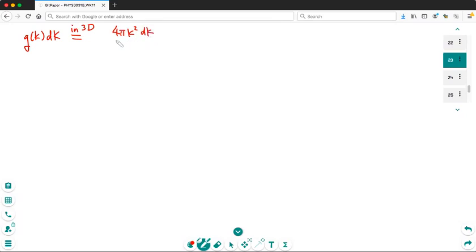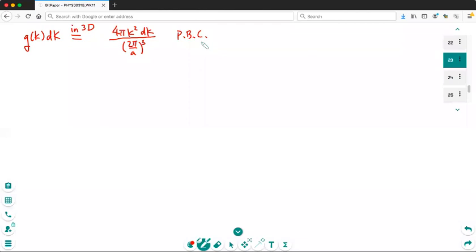Okay, so we have a surface area times some kind of thickness along the radial direction, and this will give you the volume. Okay, and then you divide by the volume of the unit cube in k space, and here this is 2 pi divided by a. Okay, so this is the periodic boundary condition.